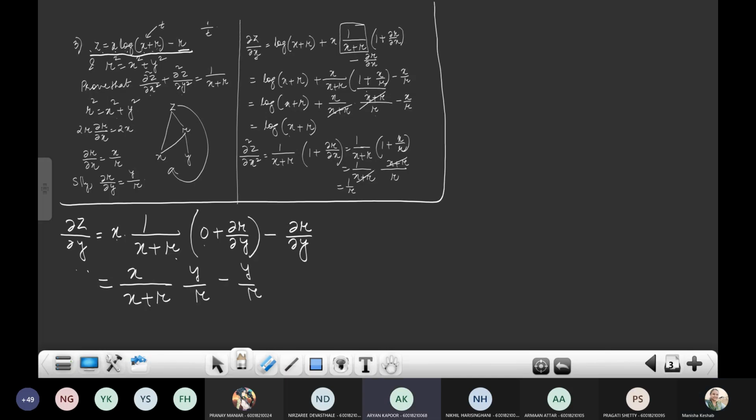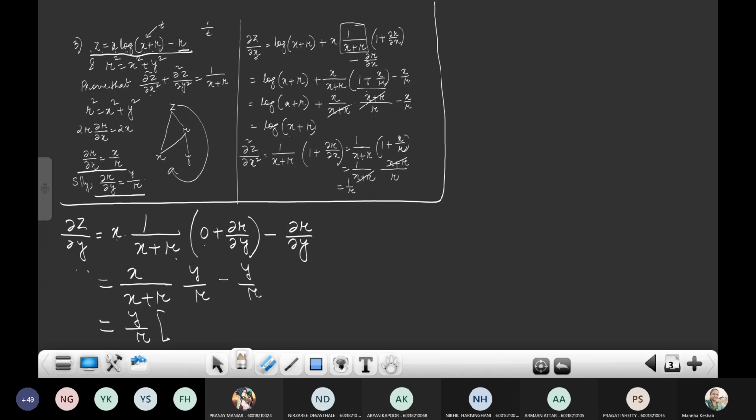No, in the above step, a minus del r by del x, you just changed it to minus x by r. देखो ये del r del x का वैल्यू हमने फाइंड किया है ना, तो वही वैल्यू लिखा है del r del x में. अब del r del y का भी वैल्यू फाइंड किया है पहले से, y अपॉन r, तो हम del r del y तो नहीं लिख सकते, उसका वैल्यू लिखना पड़ेगा ना, तो इसीलिए y by r लिखा है. Okay, ma'am.